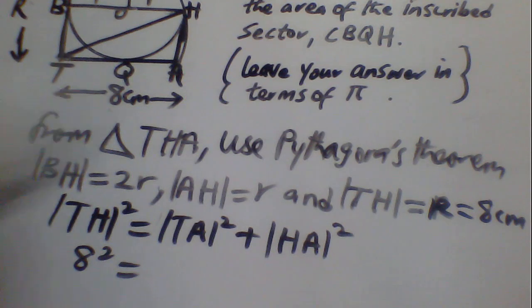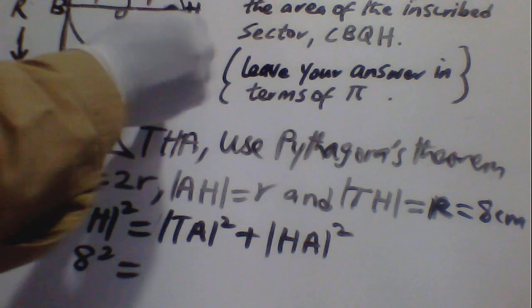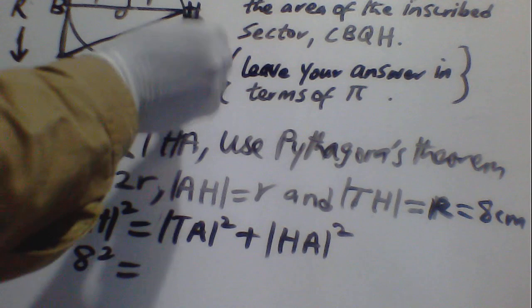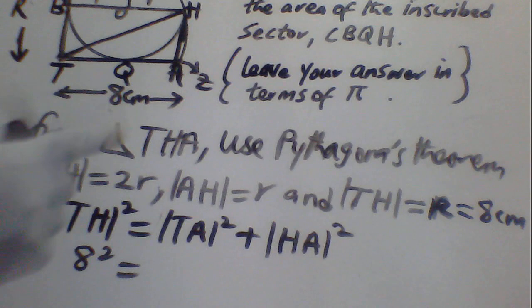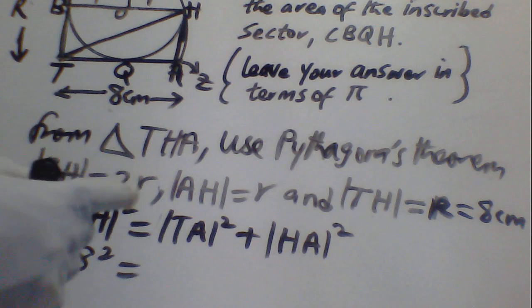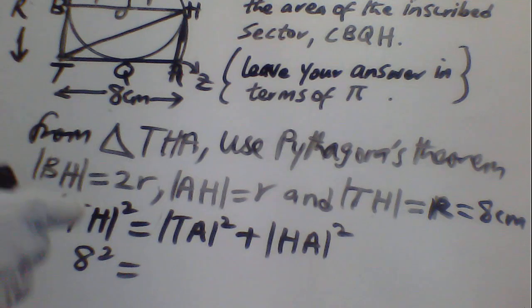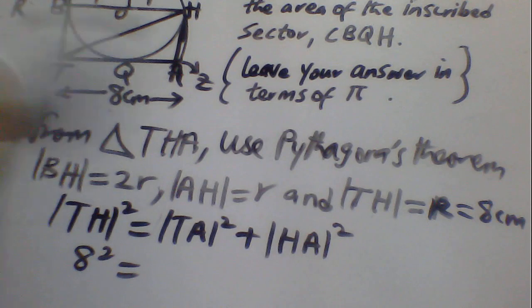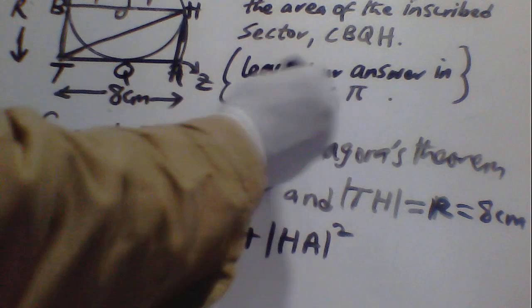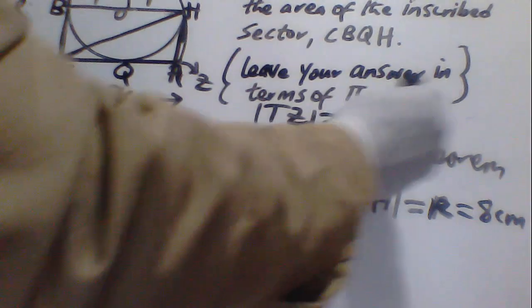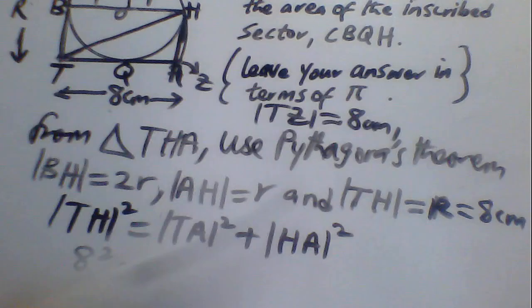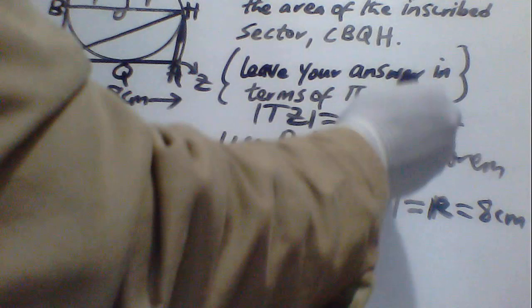Mind you, if there is a point here, this point here, I can call it Z. So that TZ up to this point is equal to 8 cm.